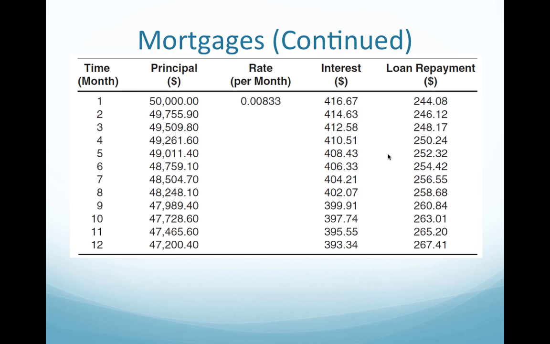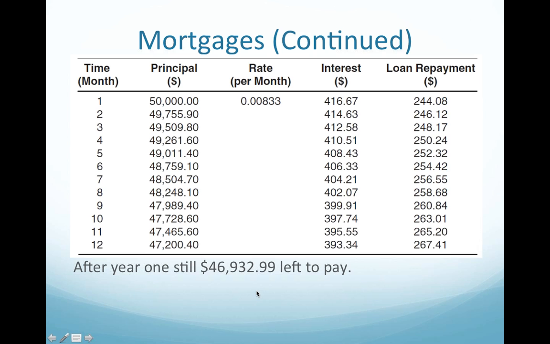Here's our amortization schedule, where we're simply multiplying the principal by the monthly rate of 0.00833. It's going to give us our interest and our loan repayment. The loan repayment is the principal. Those two things together will equal the monthly payment.